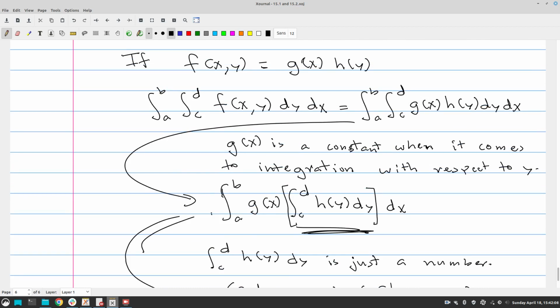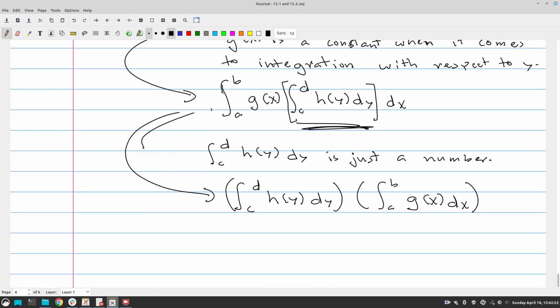If you can factor a function of x and y into functions of x and functions of y, you can write the double integral as a product of two integrals.